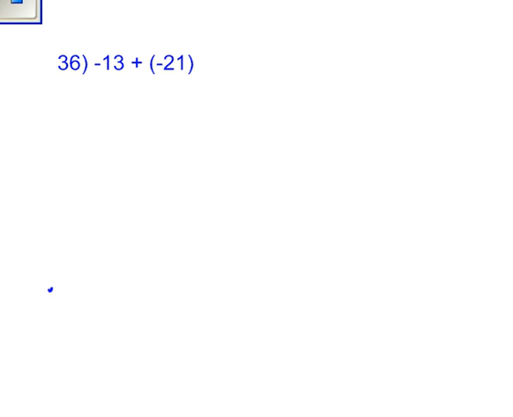36, we've got two negative numbers, two red cards. That means we add them together. That gives us a negative 34. 37, a negative 21 and a positive 9. We're going to subtract them. That gives us 12.